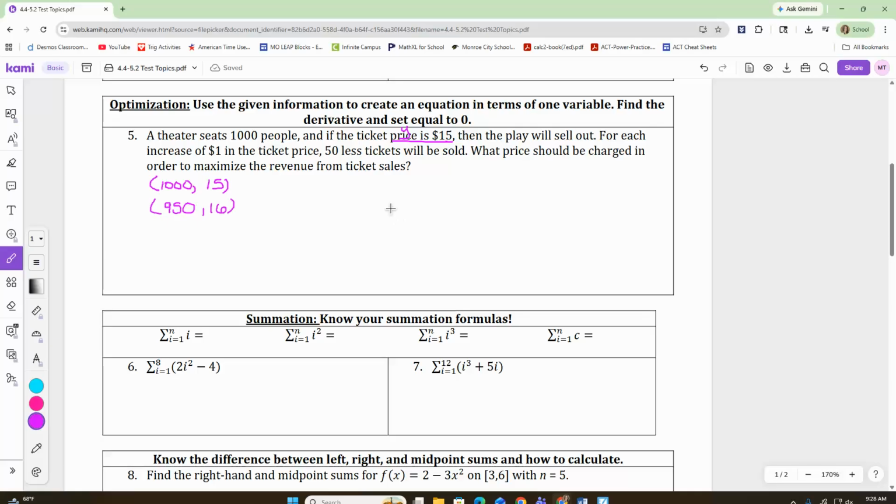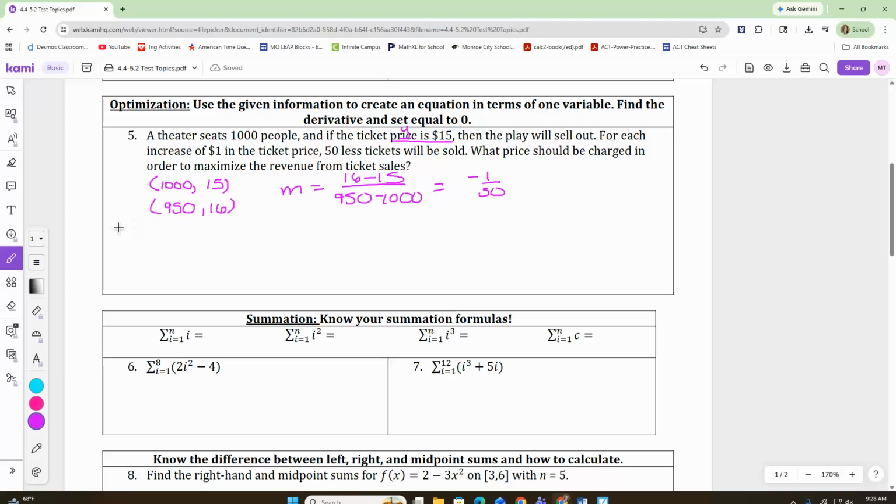All right, so there was one like this on the study guide. We did several at the time. I put the same type of problem on this review, so you're probably going to have one involving price and revenue on your test. So if we do our slope, y2 minus y1 over x2 minus x1, I get 1 over negative 50, or negative 1 over 50 for my slope.